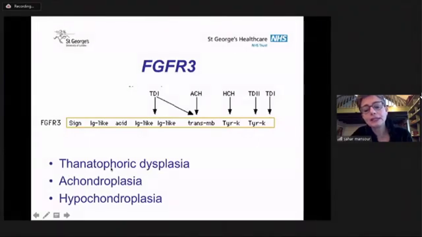Incredibly easy genetic test to do. So this is achondroplasia. And there is a milder form of skeletal dysplasia called hypochondroplasia, where they have very few problems. They're a bit taller than achondroplasia. And again, it's due to the same gene. So the same gene can cause a spectrum of conditions.